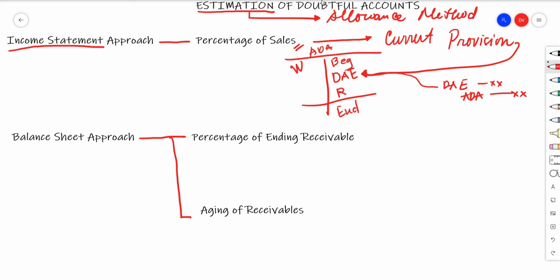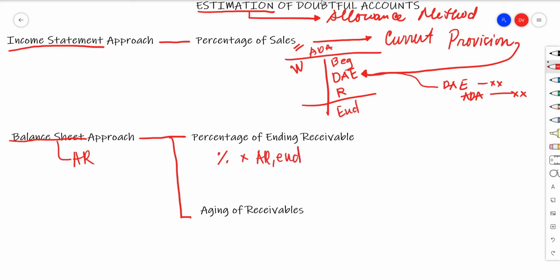Now, what about the balance sheet approach? When we say balance sheet approach, we use a balance sheet item, and we multiply the percentage to it. So, in this case, we multiply it to the accounts receivable. So, we have two options. Number one, percentage of ending receivable. This means you just multiply the percentage to the AR ending.